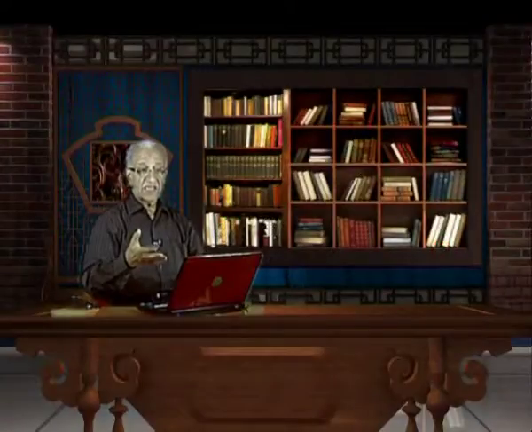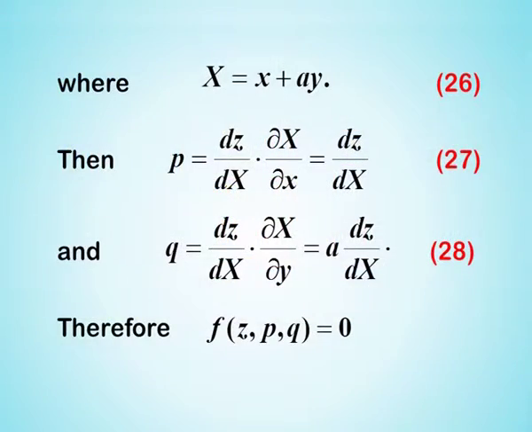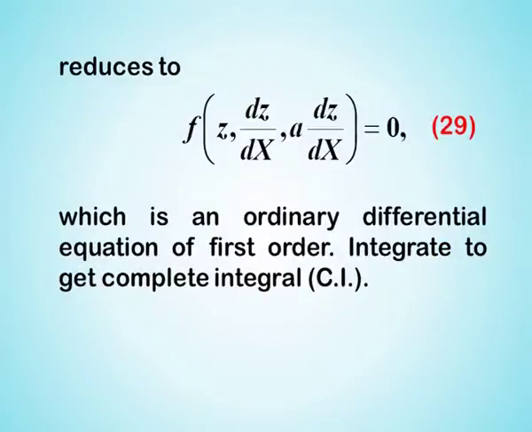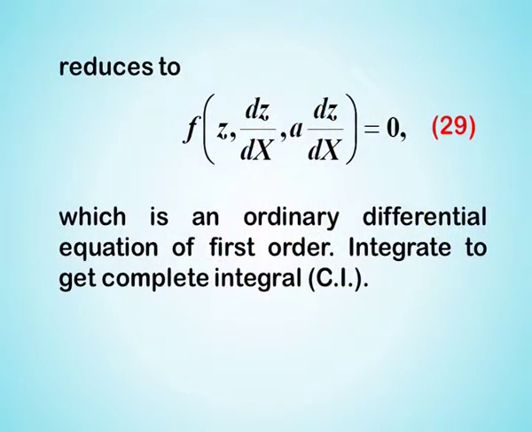It involves the total differential and the partial differential, and in 27 and 28 you can see that p is given as dz upon dX, and the other one, q, is given as the coefficient a times dz upon dX. Therefore, the equation becomes a function of z, p and q equated to 0. This all reduces to equation 29, which obviously is an ordinary differential equation of the first order. First order means dz upon dX has power 1, and therefore we call it first order. Integrate to get the complete integral, simple.